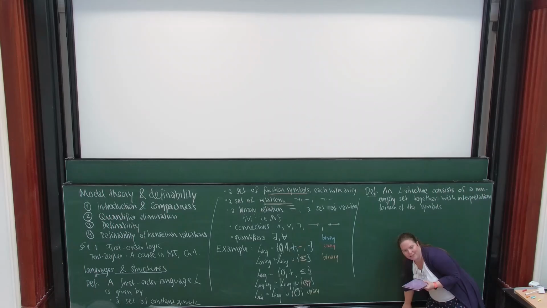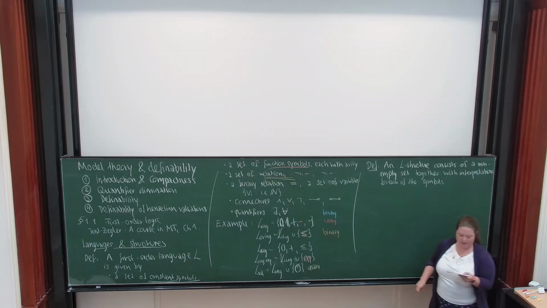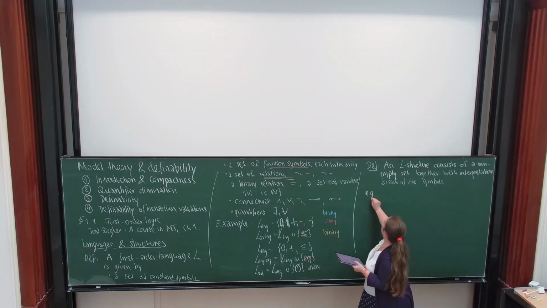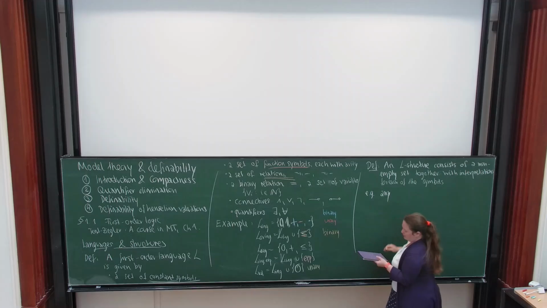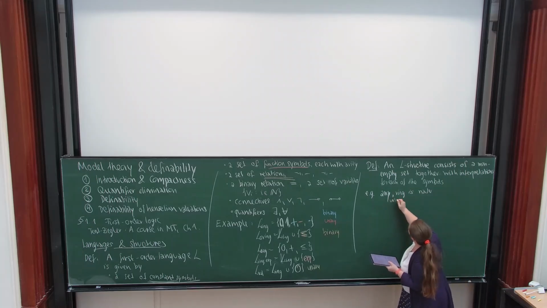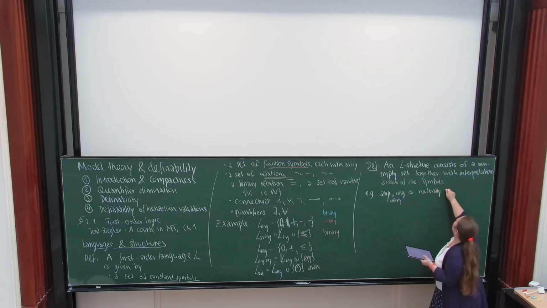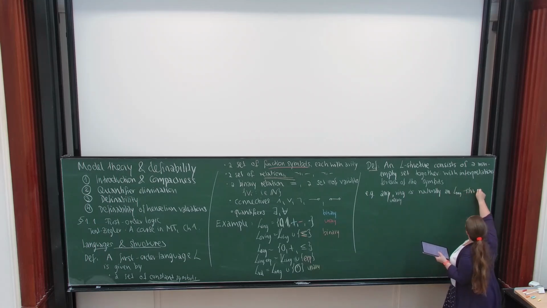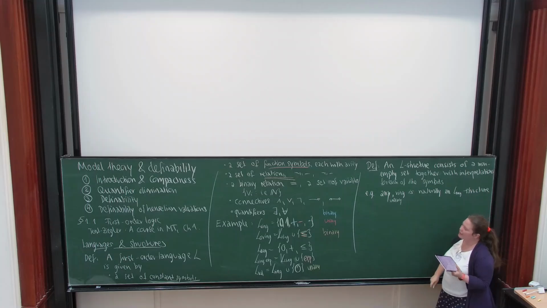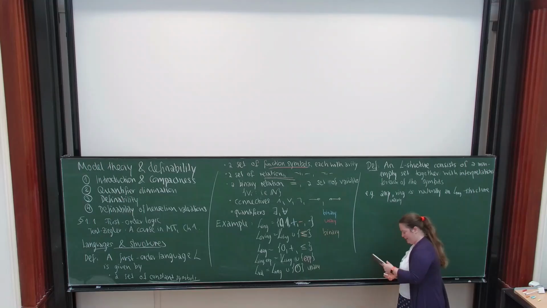So let me try to do the definition by example, by what I mean by interpretation of each of these symbols. So, e.g., any ring, well, maybe any unitary ring, is naturally a ring structure where you choose the obvious interpretations of all of these symbols occurring.